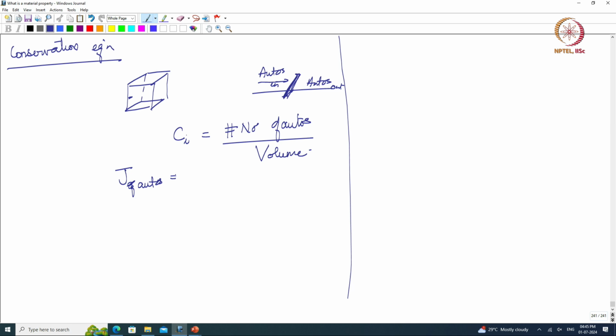Now, flux means the number of autos that are going in minus the number of autos that are coming out, divided by the area, divided by the time.